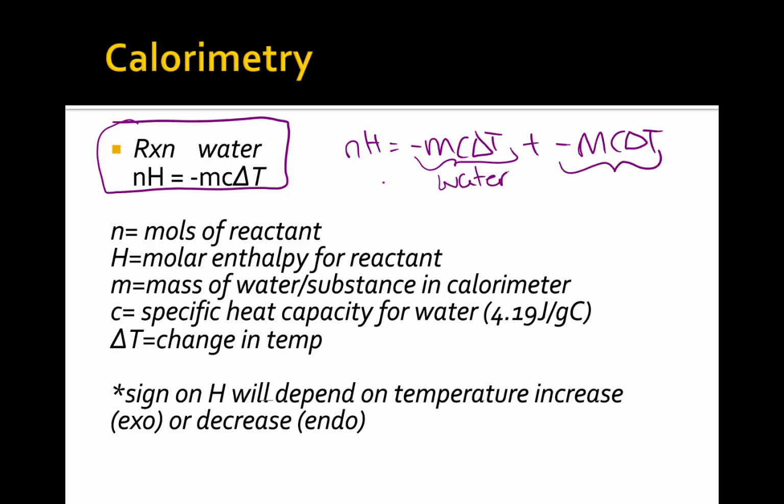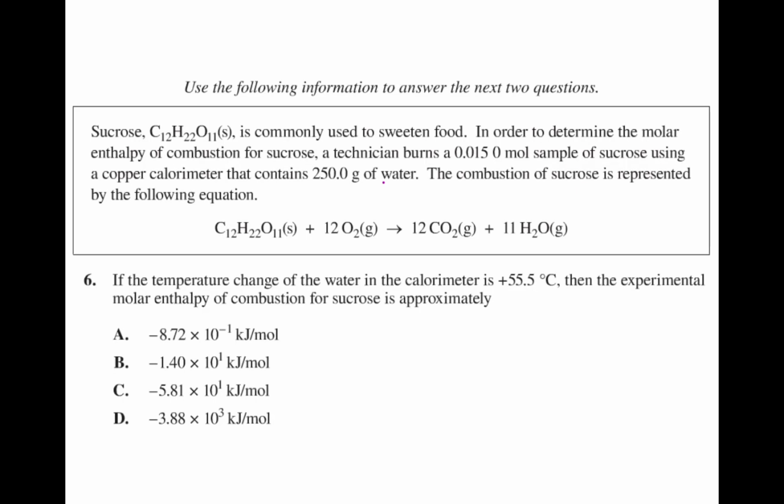The other mC delta T would be about the container. And we just add that on. So going through it, the part that I like to emphasize is the specific heat capacity of water, because all our units will depend on that. And the rest, we can plug it in and figure it out.